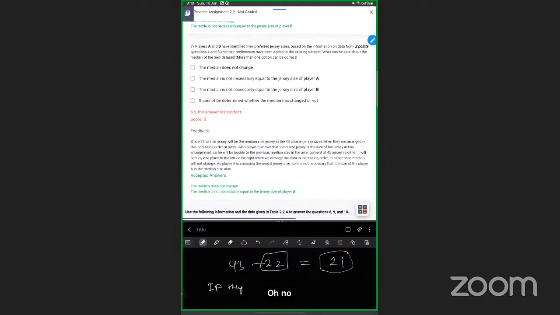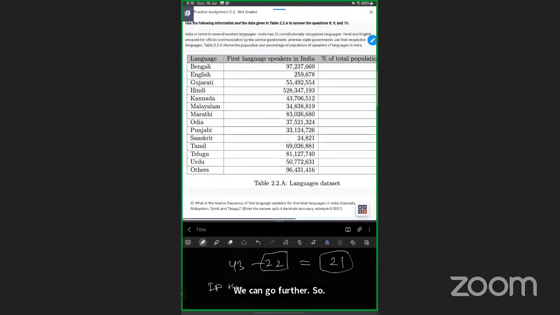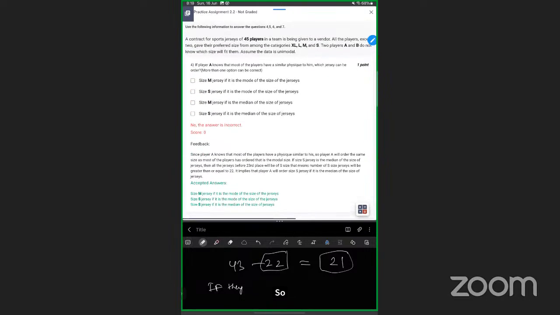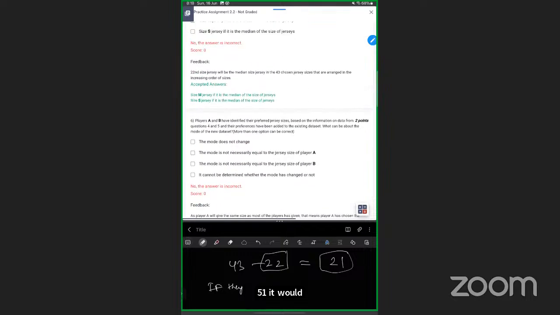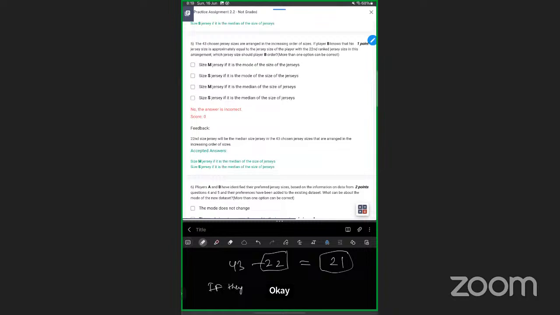Sir, I think in the fifth one it would only be the median options, because in the question it is mentioned that he buys the same one as the 22nd one, and the 22nd player would be the median. So obviously the options which have median would be ticked. Sir, would it be possible for you to discuss this question in the next session? Yes, that would be better.